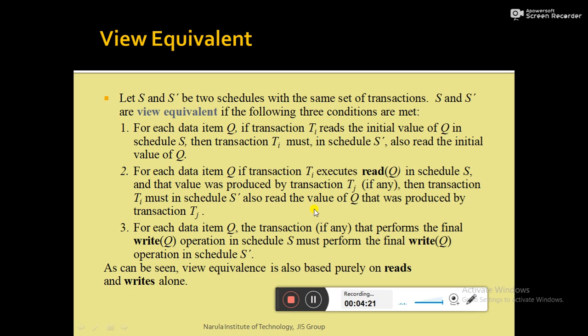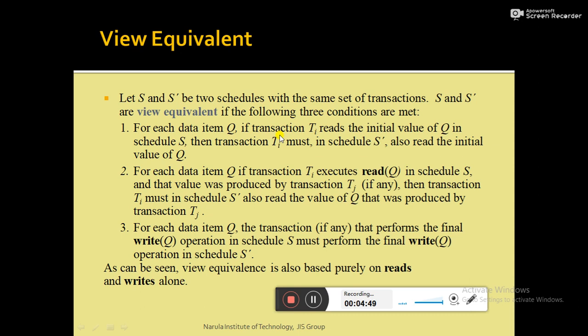Suppose a transaction Ti performs the final write(Q) operation, that means Ti is the last transaction which performs the write operation on the data item Q in schedule S. Then in schedule S prime, transaction Ti must be the last transaction which writes the data item Q.